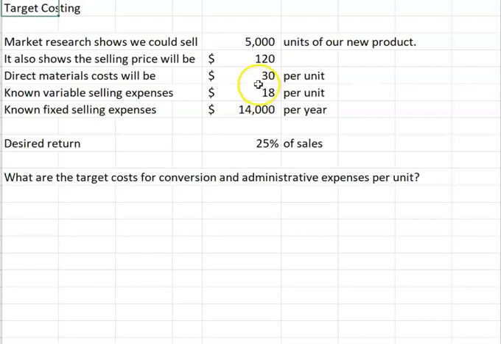The materials and the variable costs are going to be a certain amount per unit, times the 5,000 units. So we want to see what's the target cost we have for all the rest of our expenses other than the materials and these variable and fixed selling expenses.